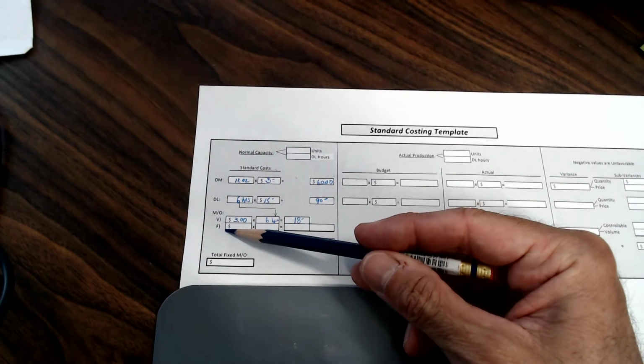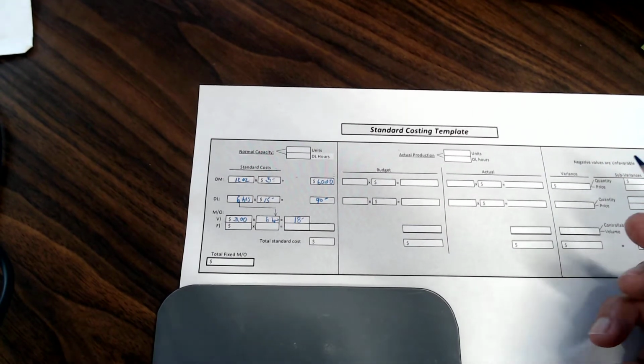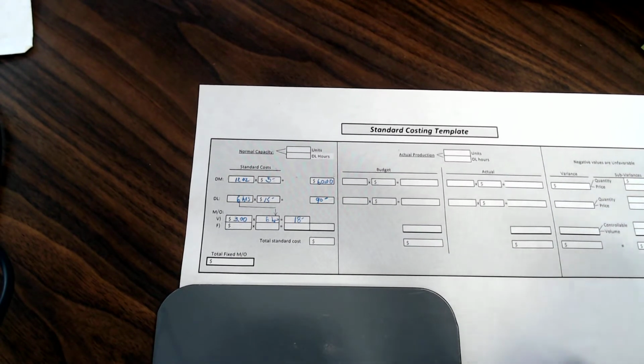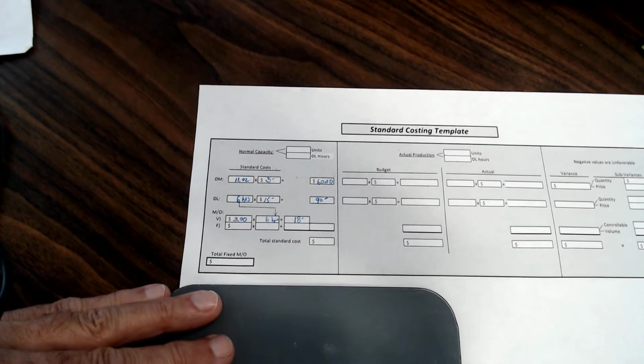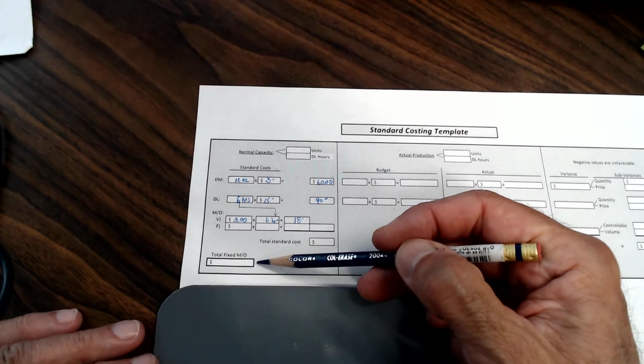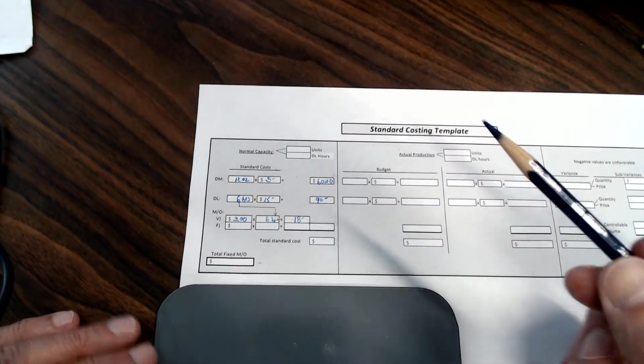And how much fixed overhead should we have in this thing? Fixed overhead, recall, remains constant in total, and it varies per unit as production levels go up and down. So I want to know, what is my total fixed manufacturing overhead? What is my total rent, total insurance, that kind of thing?